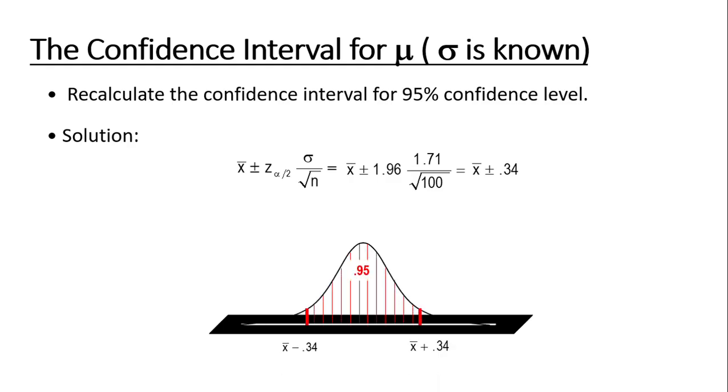So how does it look when we consider 95%? For a 95% confidence interval, it's still the same thing. What changes here is your z. Your z will now be 1.96 instead of the previous z in the previous slide.